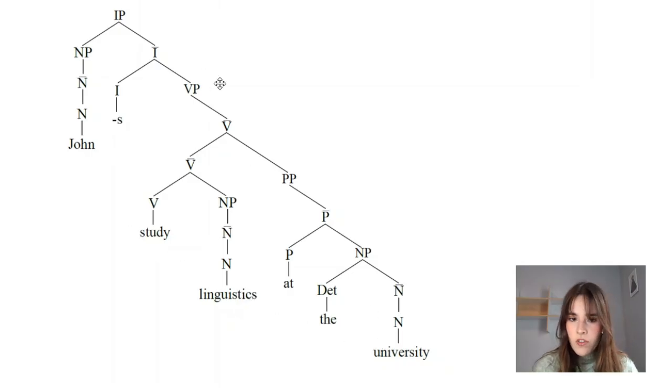The VP opens into V bar. V bar opens into study, the verb, and the DP, linguistics, and into PP, the prepositional phrase. The preposition is at, and it opens onto another DP, the university. And D is the determiner for university.